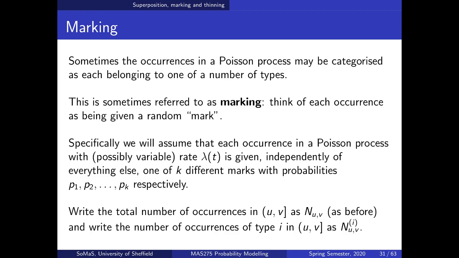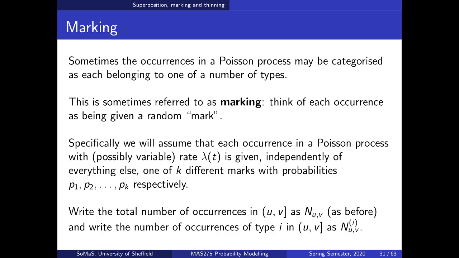Now here's something which is a bit more complex. Marking. So sometimes we want to do the opposite. Instead of combining two different Poisson processes into a big one, we're interested in taking one and then splitting it into several smaller Poisson processes. To do that, we do marking, and we're going to give each occurrence a mark.